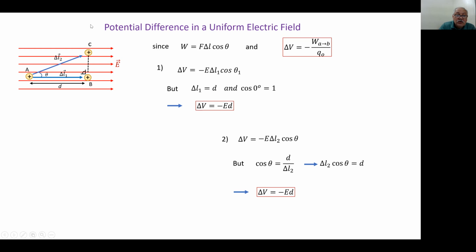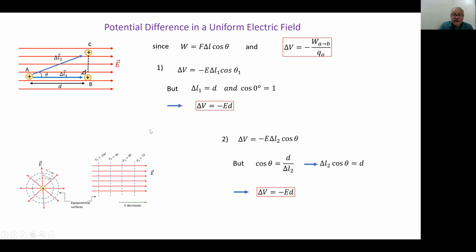Correct. So all the points on this line, perpendicular to the electric field, are at the same potential, right? These are the same potential. And we call this an equipotential surface or equipotential line. Perfect. That's the meaning right here.